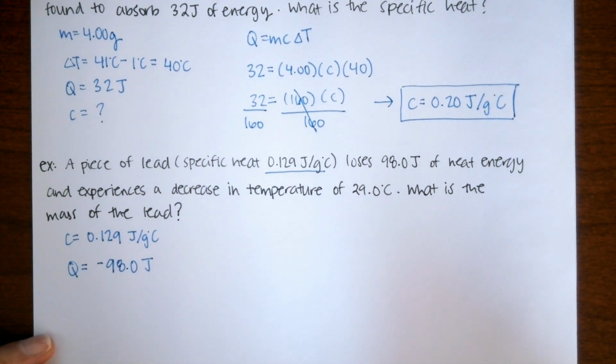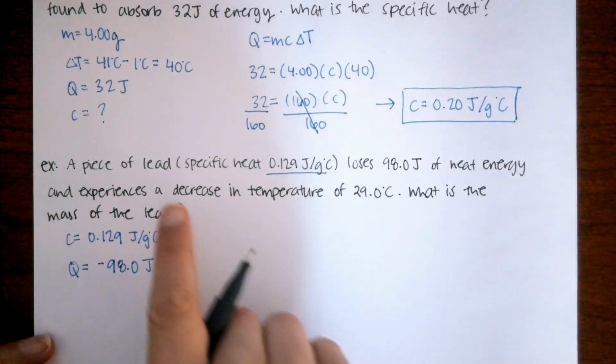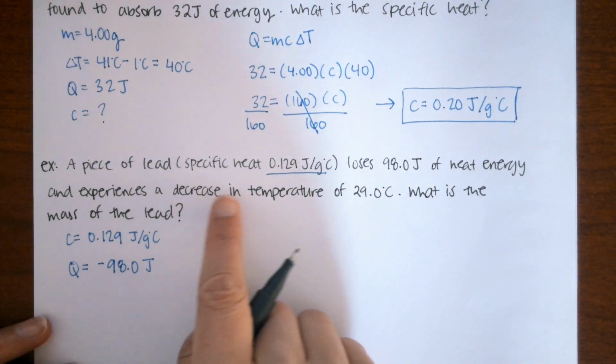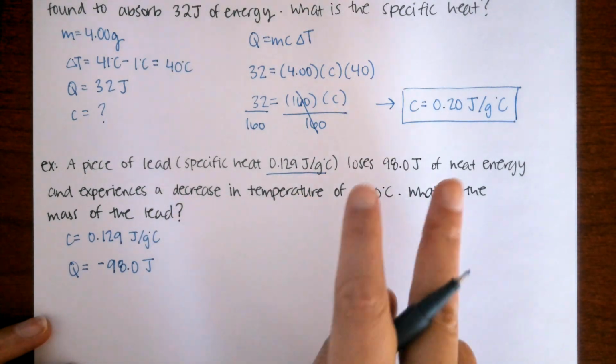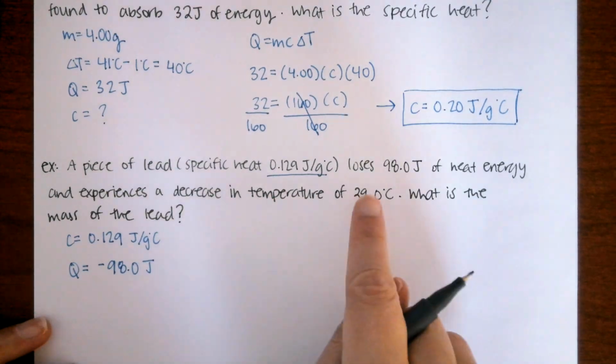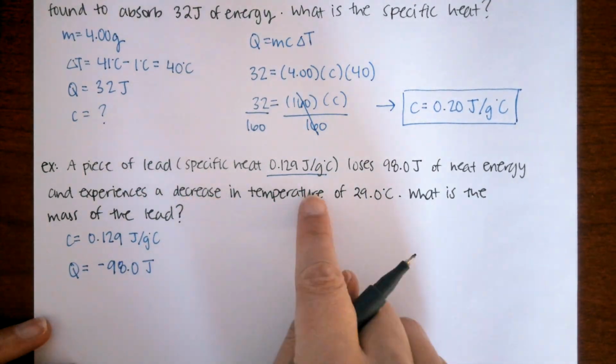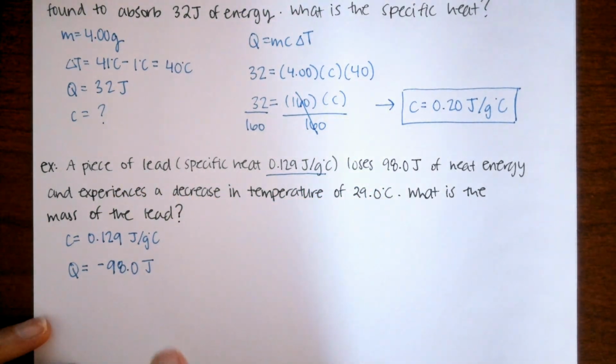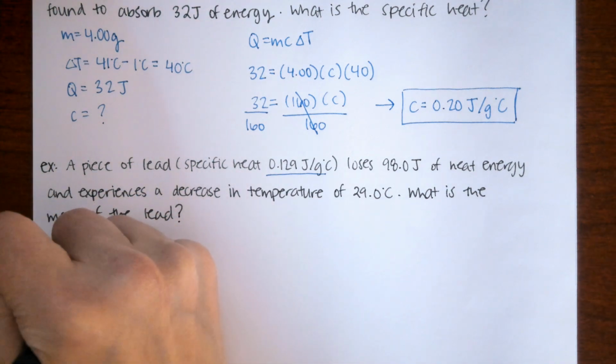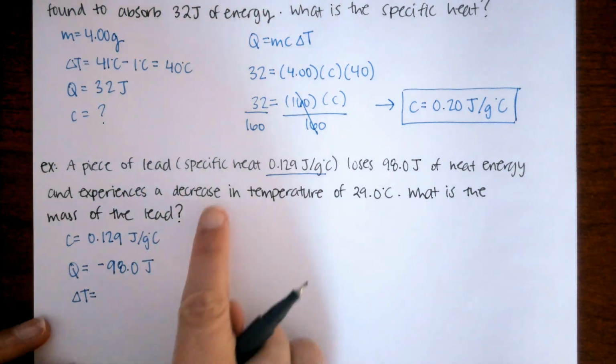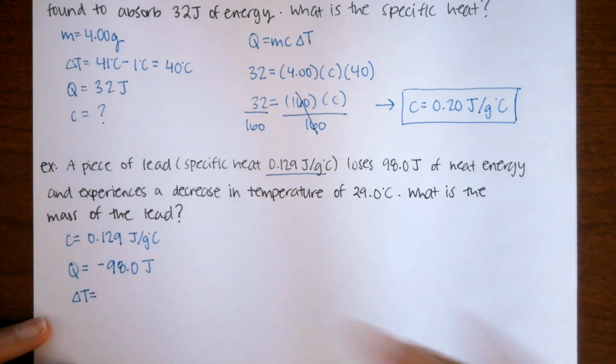And it experiences a decrease in temperature, so this is another keyword to pay attention to. Even though I'm not given 2 temperatures, it gives you the decrease in temperature. It already tells you my delta T, my change in temperature, is 29 degrees Celsius. However, the keyword decrease means it goes down.